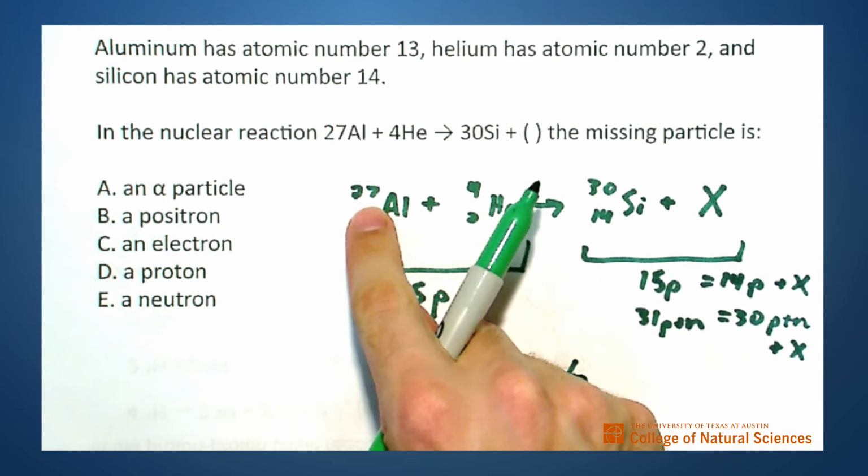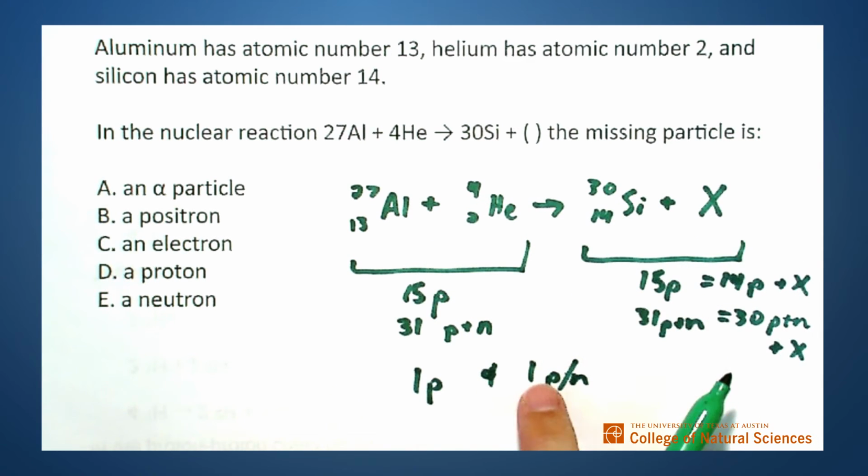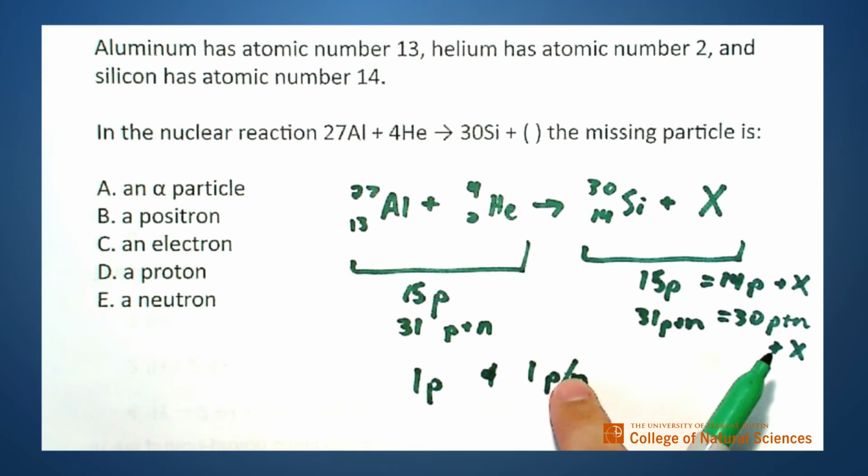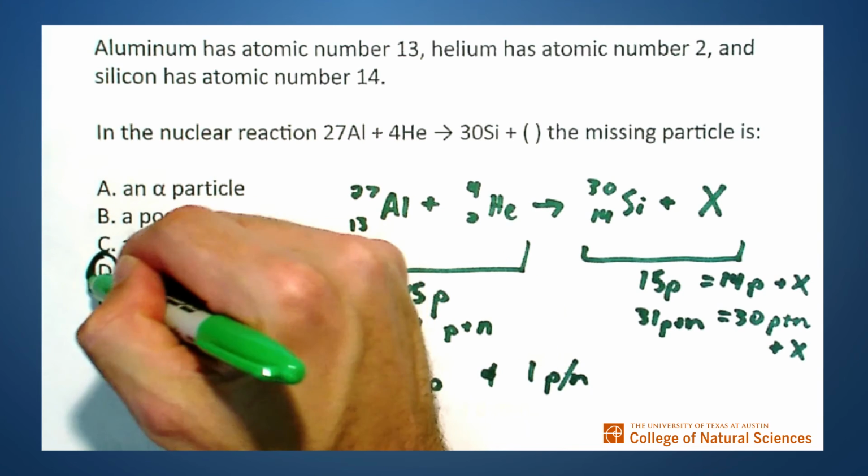I remember that the top number here, the atomic weight, is based off of the protons and neutrons added together. So if I add 1 proton, I gain the 1 proton or neutron together. So it looks like I'm adding 1 proton.